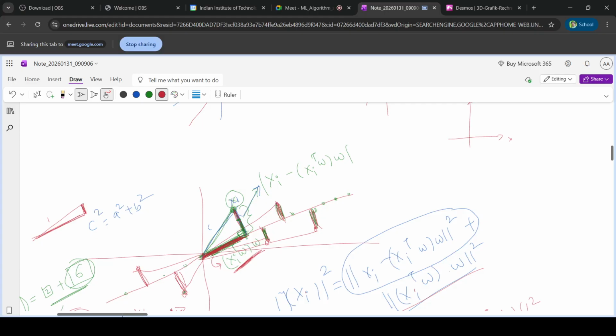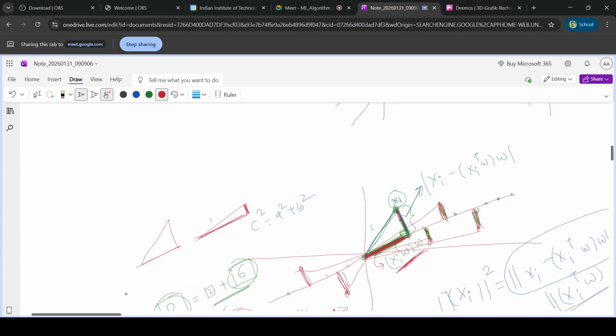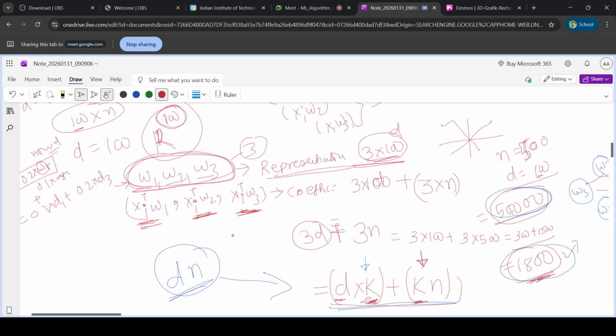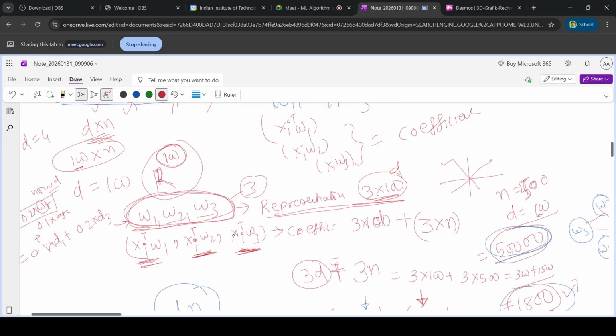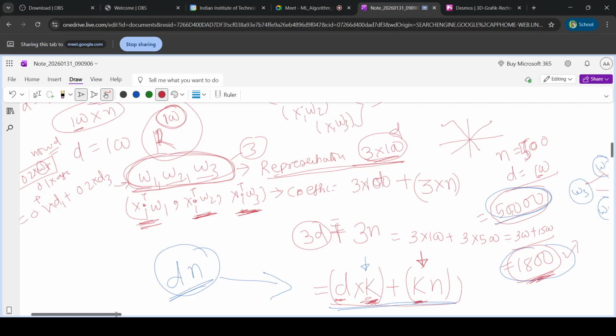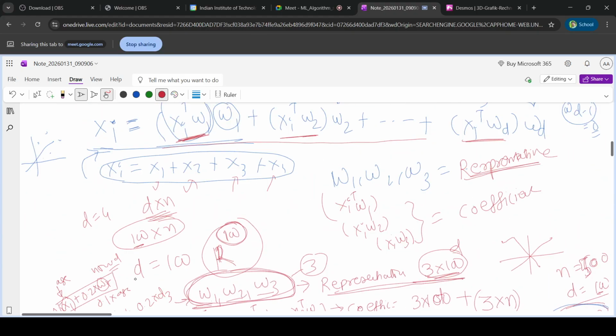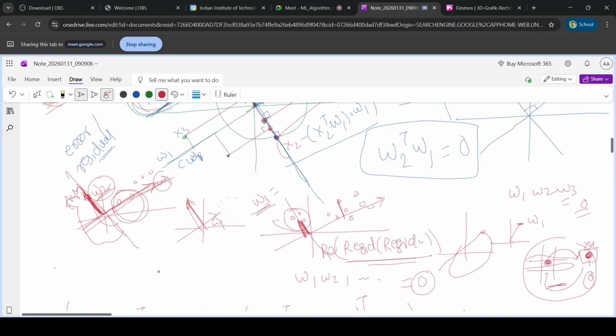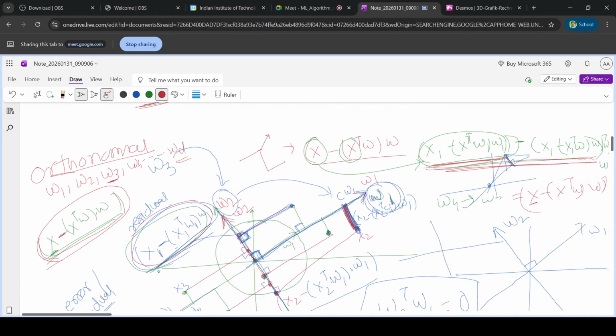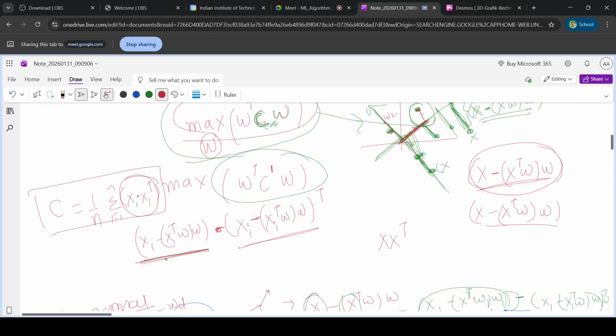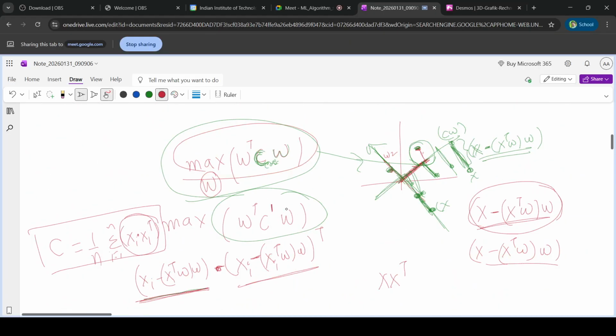I think I should do it next time, because this is something I got with this pen and this document. Yeah, no problem.